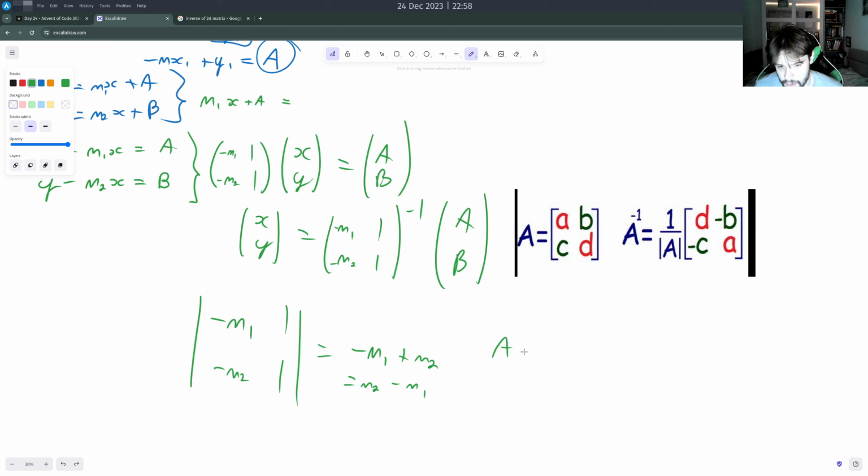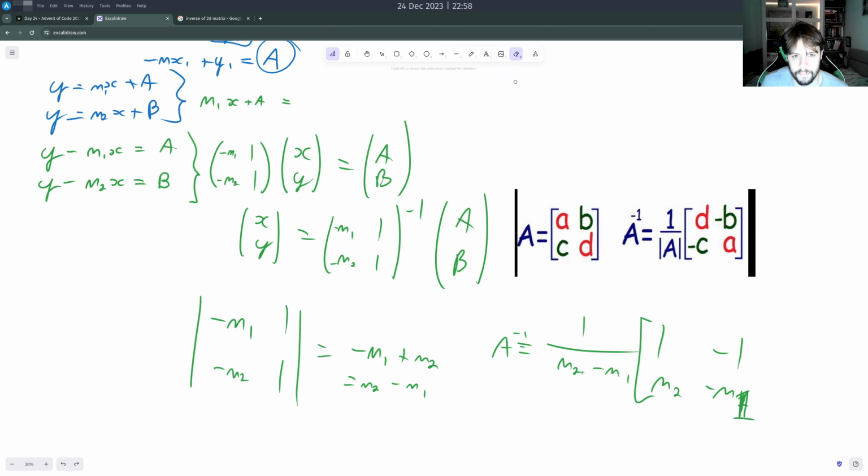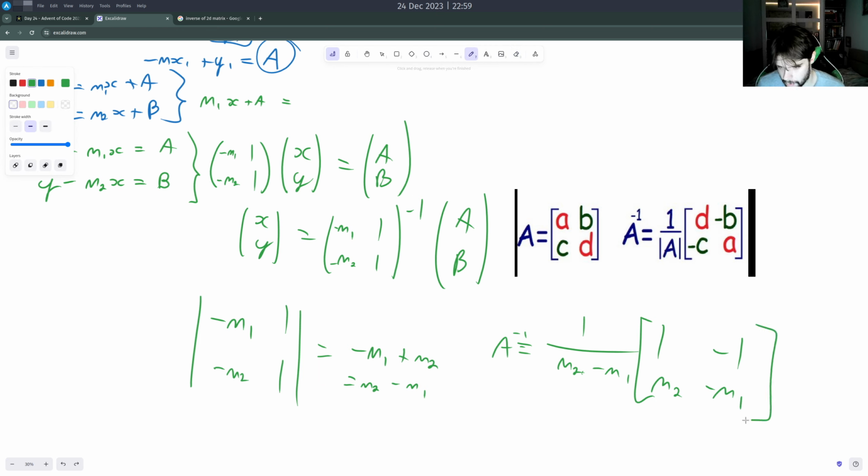I'm going to say A inverse equals 1 over m2 minus m1, and then we just flip some things over. The 1 goes there, the a goes here, minus m2, and then minus 1 there, and m1 there. There we go. Sounds legit.